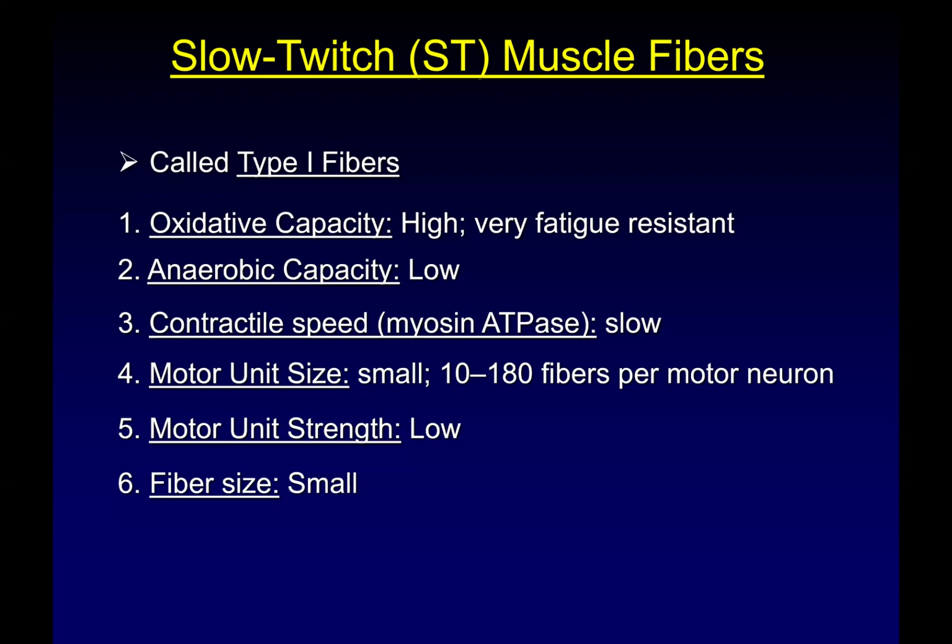So a neuron and all the fibers it goes to is called a motor unit, right? A motor unit. So type 1 fibers have small motor units, fewer fibers. Type 2As have larger motor units, type 2Xs have very, very large motor units.